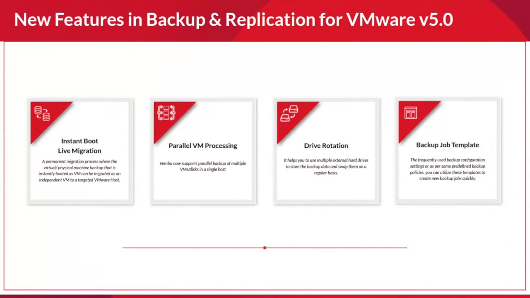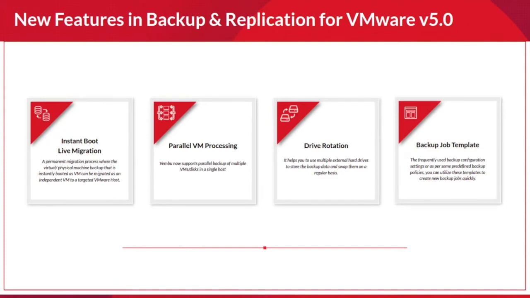With the live migration option, during this same instant boot session, you can transfer all the data from the backup storage repository to the hypervisor. You instantly boot the VM, get access to it, and start working on it, while in the background the data is transferred from the backup repository to the hypervisor. This is a new feature coming in version 5.0.